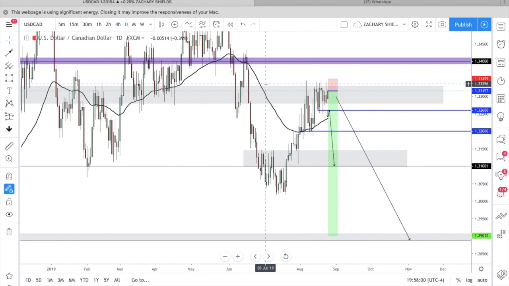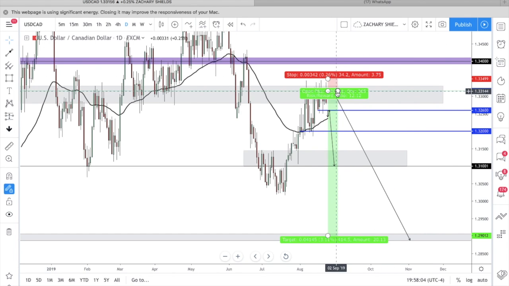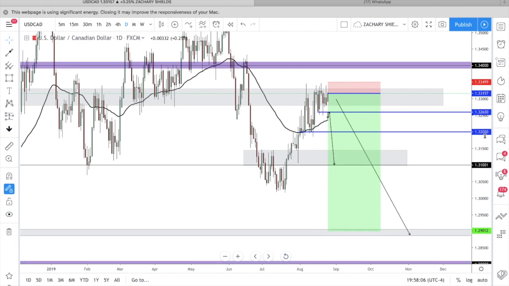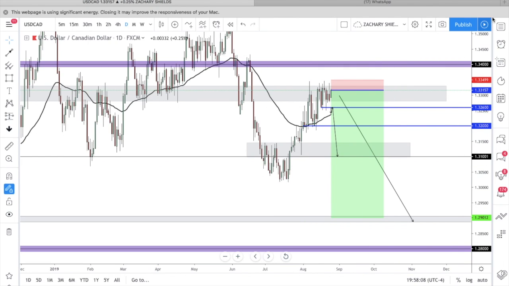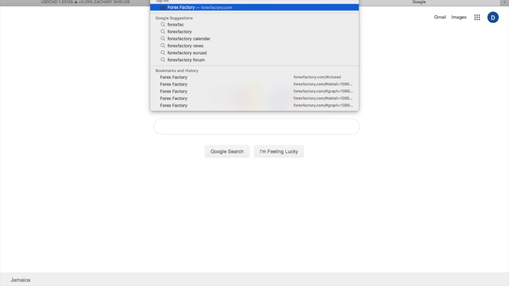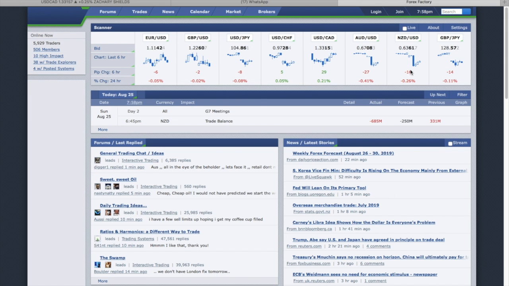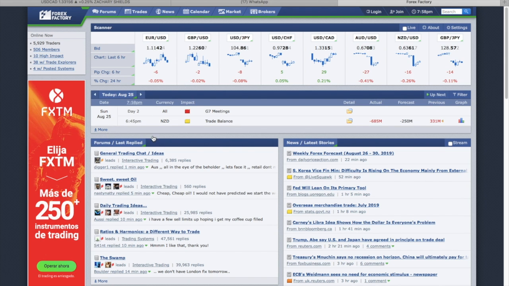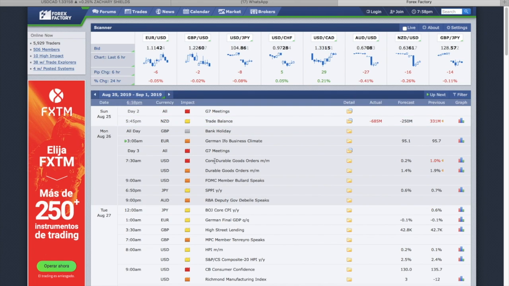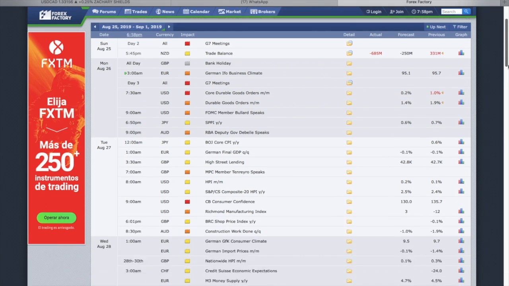I think we may be in for some kind of economic announcement that may put the pair in that situation. So let's see what's happening for USDCAD over the next few weeks. Nothing today. So we have dollar core durable goods orders this week, Monday.